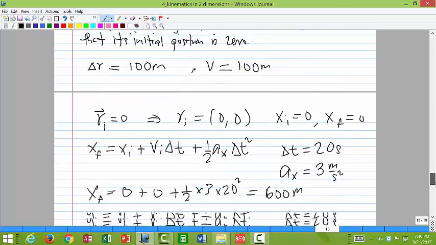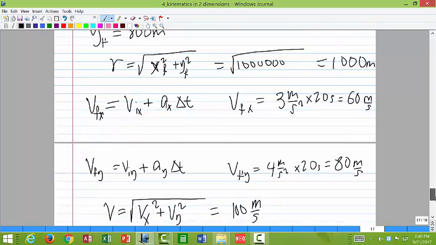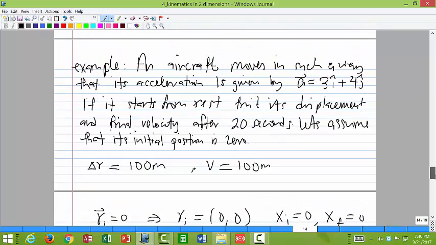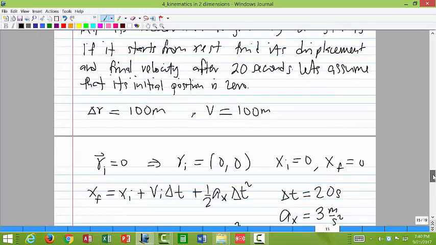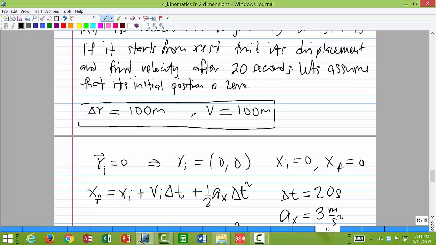Those are the answers that I have received. Let's check if these answers are correct. So I'm going to put a square around them and say, let's check them.